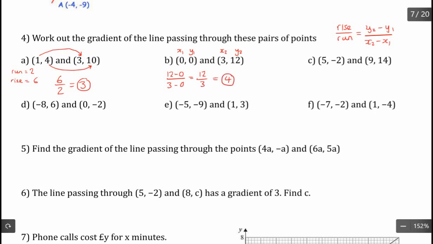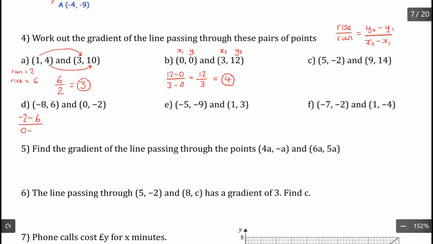Okay, so if I can find one that gives us a negative gradient, this one, I think. Yeah, okay. So again, I'm just going to stick to having this second bracket as my second set of coordinates. So I'm doing -2 take away 6, so this y-coordinate take away this one. And I'm then going to divide that by 0 take away -8.